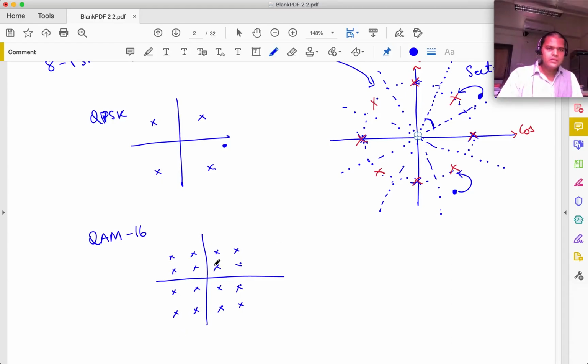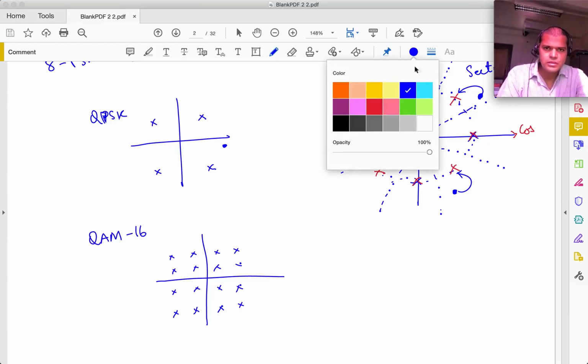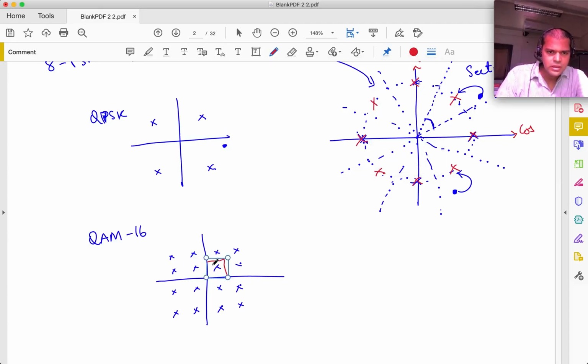And it became very tricky to decide which particular symbol was transmitted. So we said if you get anything within this region, then I'm going to say that this particular constellation point was transmitted. And of course at the edges it was a bit more tricky because this entire region was mapped to these corner constellation points. Okay.